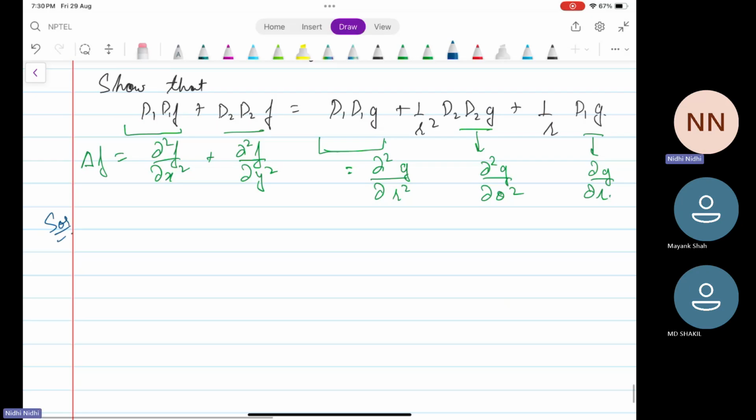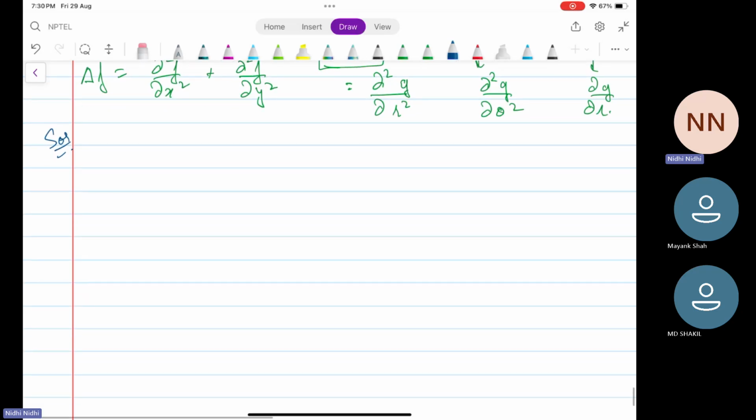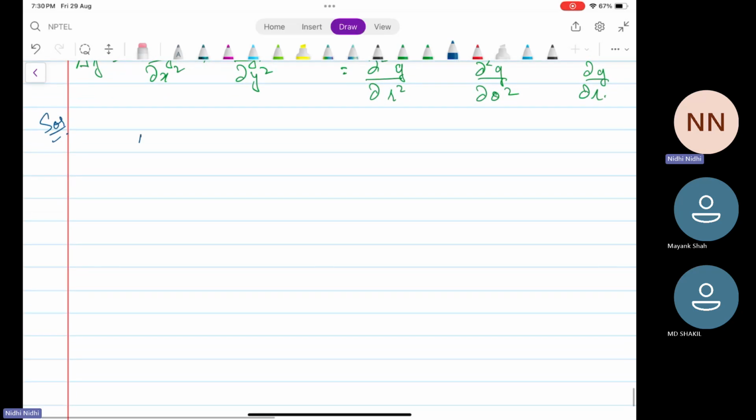Let's see the solution. We are given that f has all its partial derivatives. So we start with again taking x to be r cos theta and y to be r sine theta.